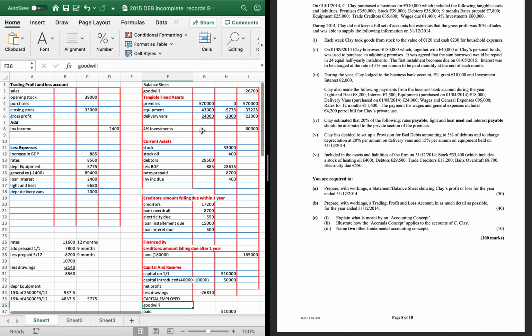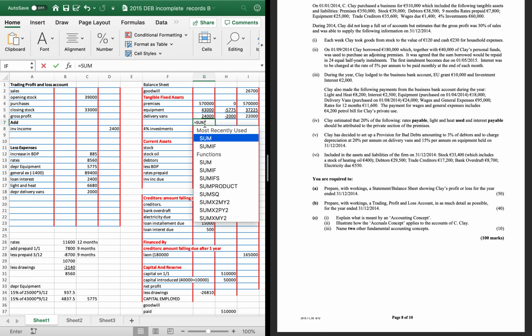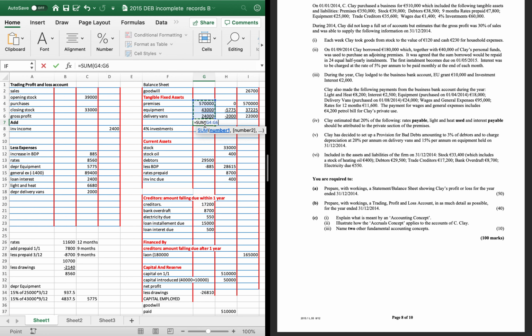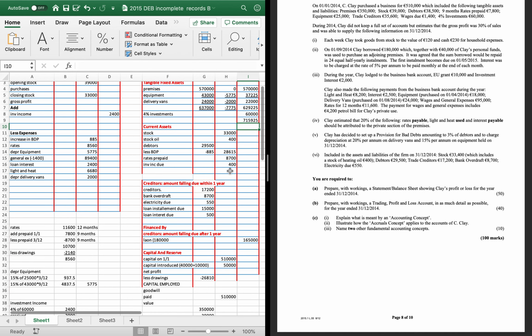So we're going to start totaling things. As I'm going to say in all the videos, I'm going to make sure I add up my cost, depreciation, and my value for my fixed assets. And then my total fixed assets will be 629,225 plus 26,700 plus 60,000, which is 715,925.